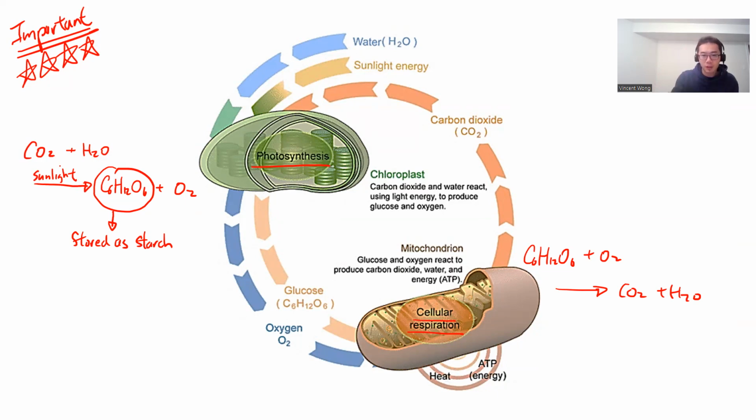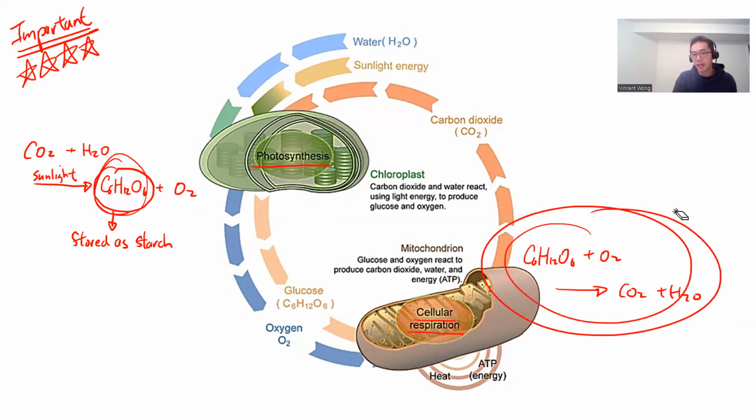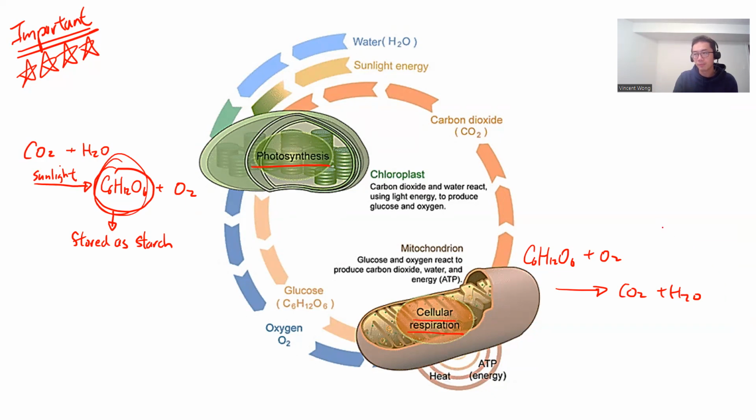So plants have the chloroplast. They make their own food, and then they burn their own food to make energy. Humans, we do not have chloroplast, so we eat the food. We eat the starch, we consume carbohydrates, and then we burn them for fuel. And that's why plants are happy without humans. They are self-sustaining.